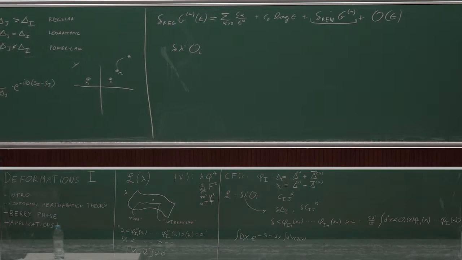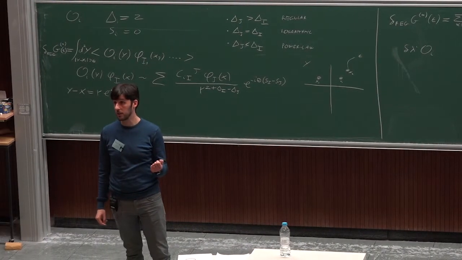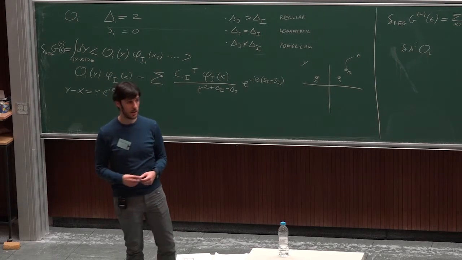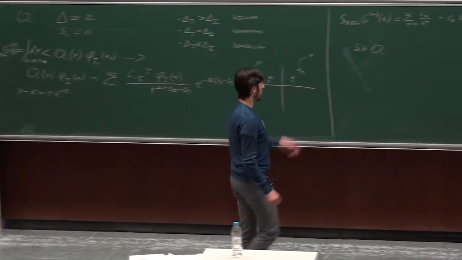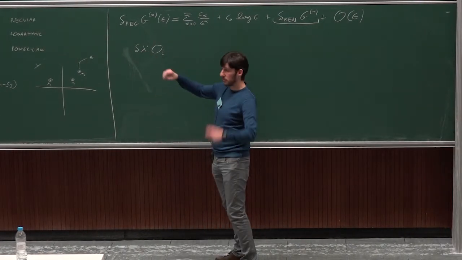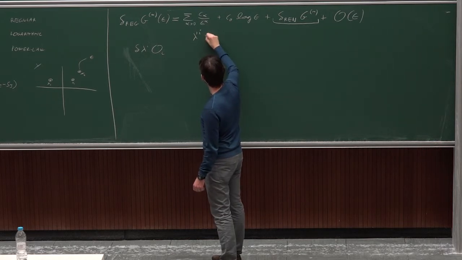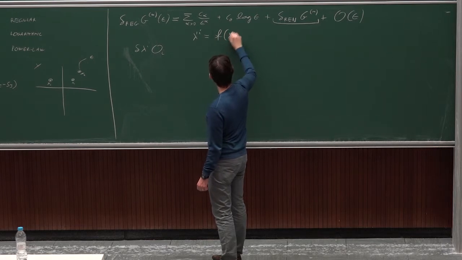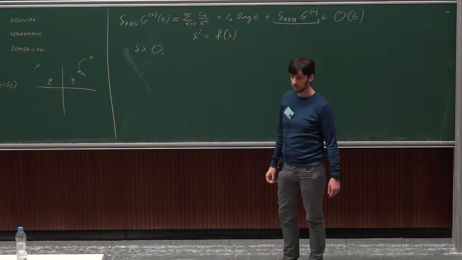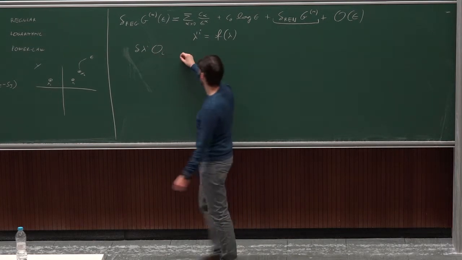Now let's ask ourselves, what if I had used different coordinates? What if I change the definition of my lambda i's? Imagine that this corresponds to some space of parameters, and instead of using lambda, I use lambda prime of i, some function of the lambda, just a change of coordinates.